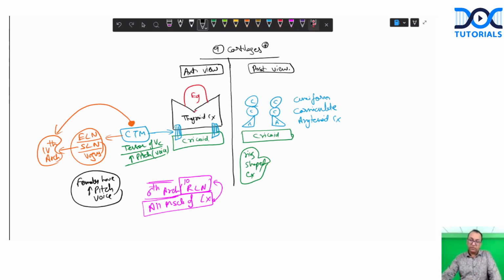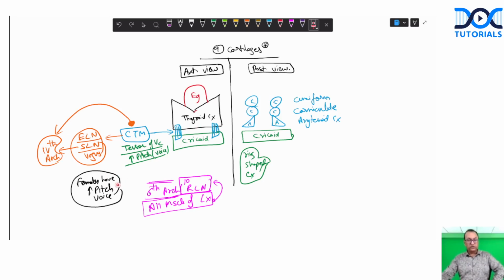As you tense the vocal cord, you increase the pitch of the voice. And females normally have a high pitch voice compared with males. Once you train your cricothyroid muscle, you can speak or sing in a female voice.